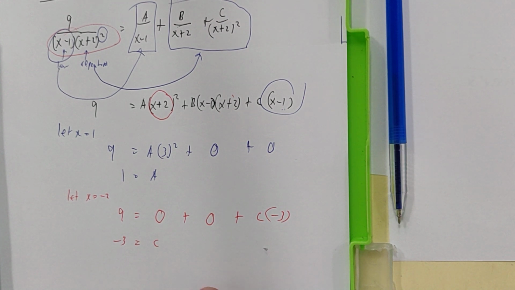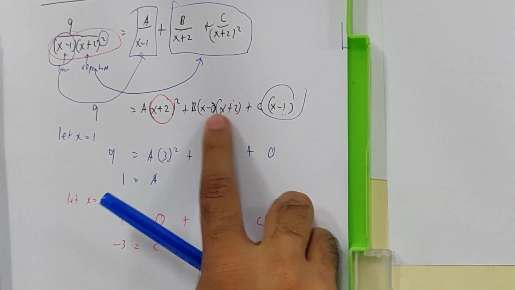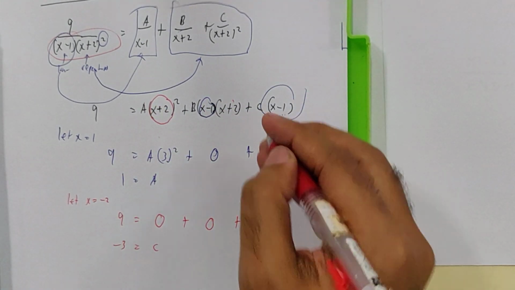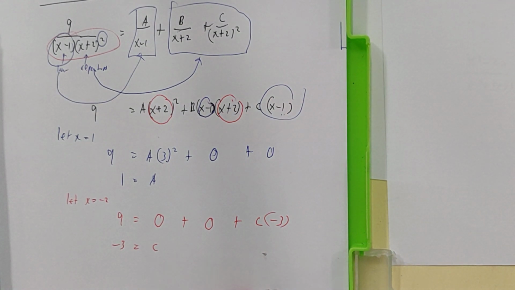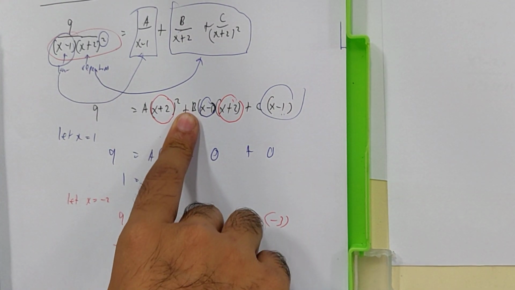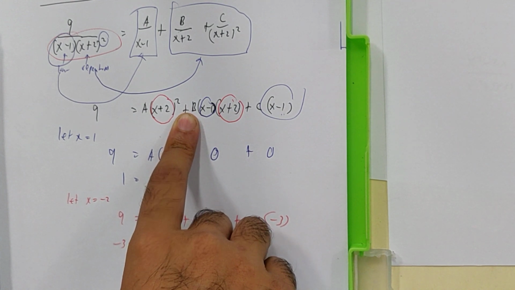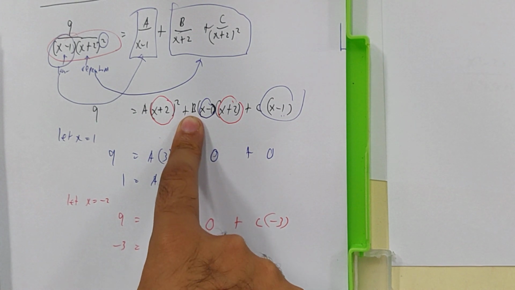Thank you very much. Alright, now if you have a look, there's one little trick there. There's x minus 1 here, there's also x minus 1 here. There's x plus 2 there, there's also x plus 2 here. So my question is, how are you going to find B? You dapat A, C, but how B?